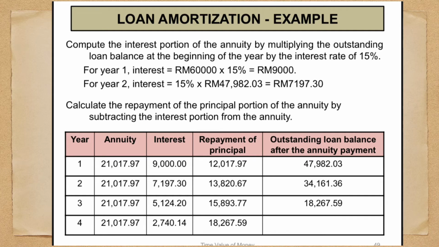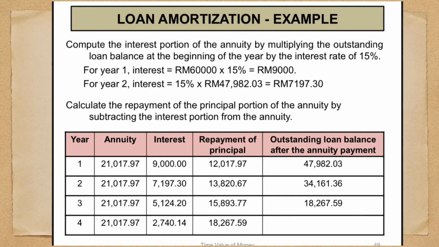The annuity is what you calculated in step 1, that is 21,017 ringgit and 97 cents. The interest for year 1 is what you calculated in step 2, that is 9,000. The repayment of principal is the difference between the PMT and the interest. So the annuity of 21,017 ringgit and 97 cents minus the interest of 9,000 gives a principal of 12,017 ringgit and 97 cents.